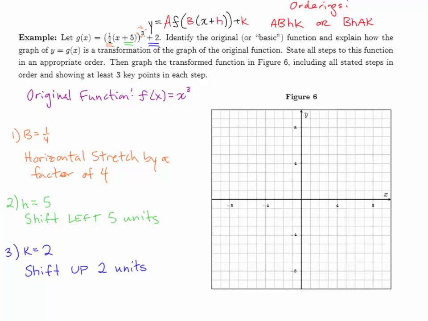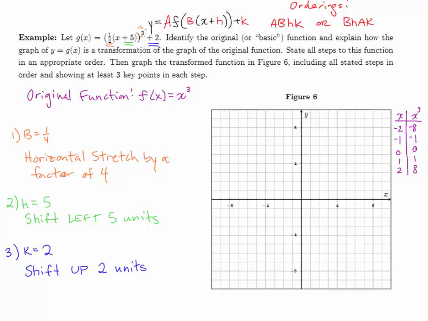Okay, so from here, we'll sketch in that original function, and if we don't know immediately what that looks like, we can plot a few points. So I'll choose -2, -1, 0, 1, and 2, and then those outputs for x cubed will be -8, -1, 0, 1, and 8.